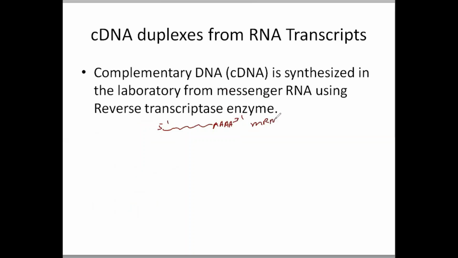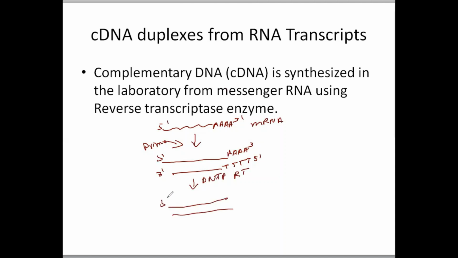I'm going to add a primer to this mRNA. When I add the primer, at the 5' end, because it's a poly A tail, you would have a primer with a T tail. This is how your primer gets attached, and then you add dNTPs and the reverse transcriptase enzyme, from which you get a hybrid.